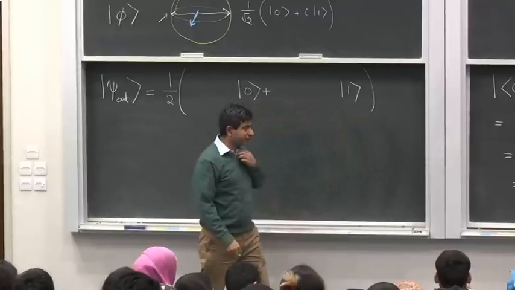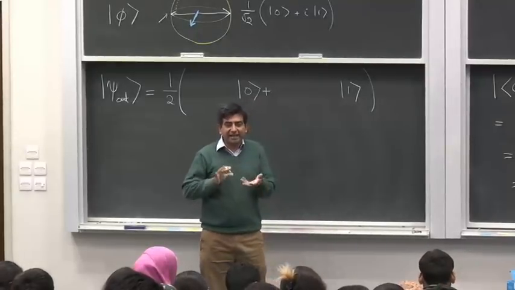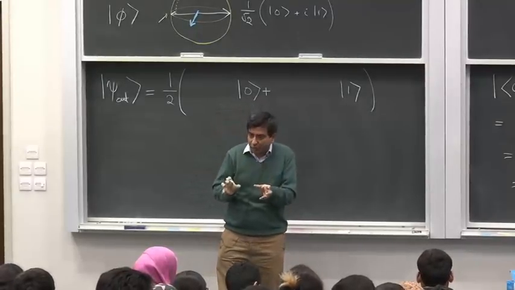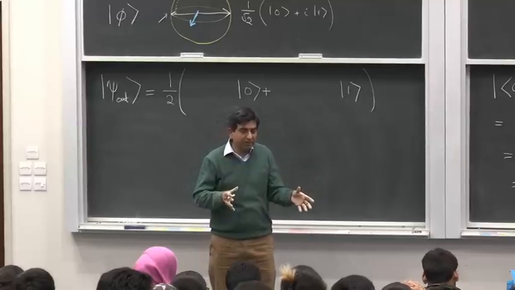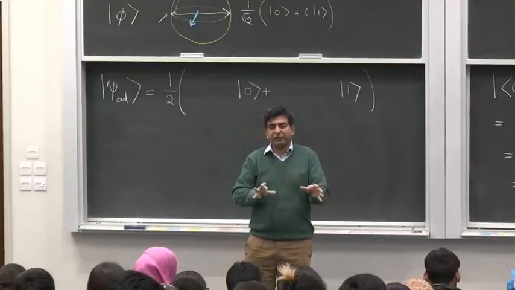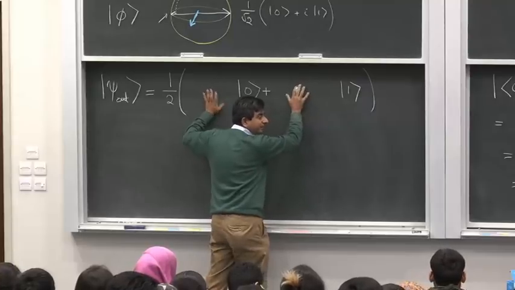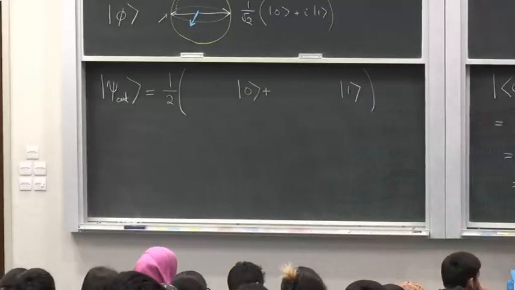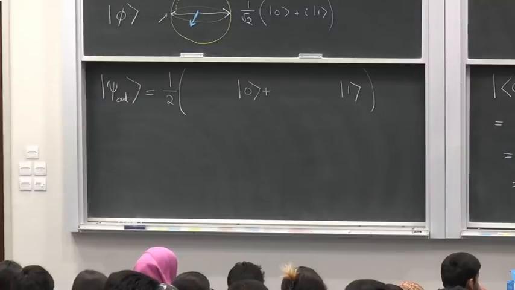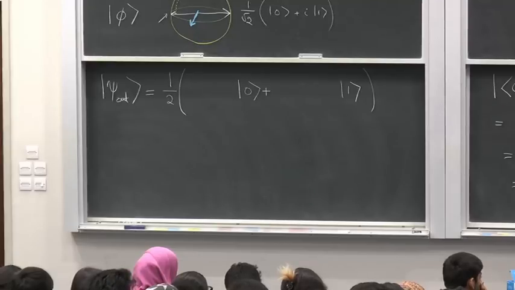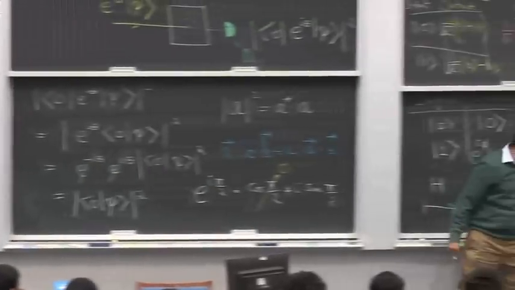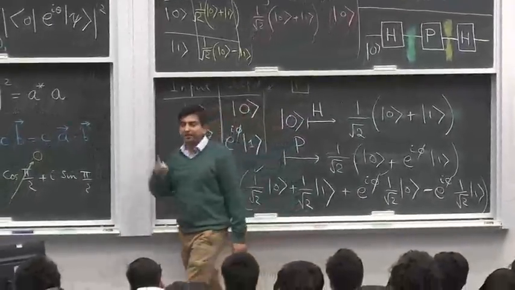Now I'm going to write this as a superposition of 0 and 1. It's a qubit, so it's always a superposition of 0 and 1 with some complex numbers. So I take this state, I look at this factor, and I look at this factor. I just factorize out ket 0 and I take this factor. So I get 1 plus e^{iφ}.